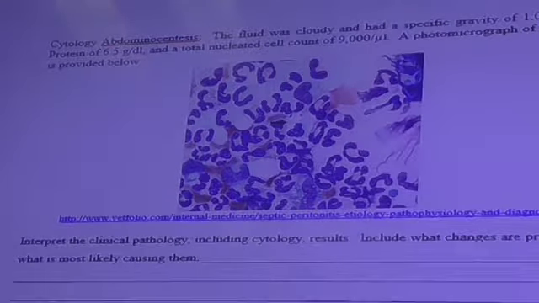I can go into it, but you have different classifications of fluid. Normal is going to be a specific gravity less than 1 because it's low protein. It usually has a total protein content of less than 3, and for a pure transudate less than 1 gram.